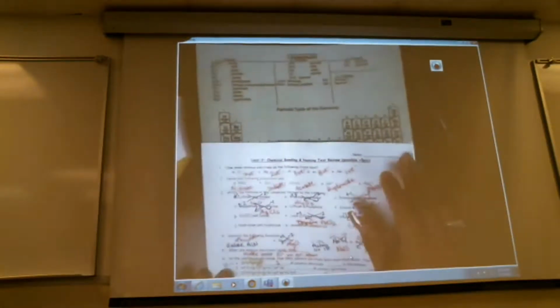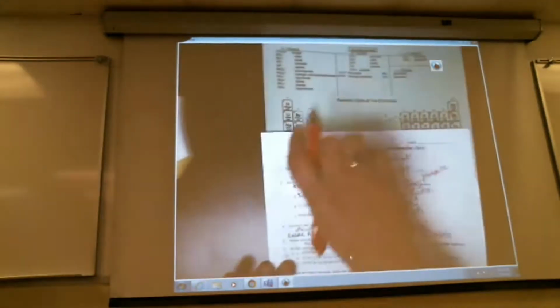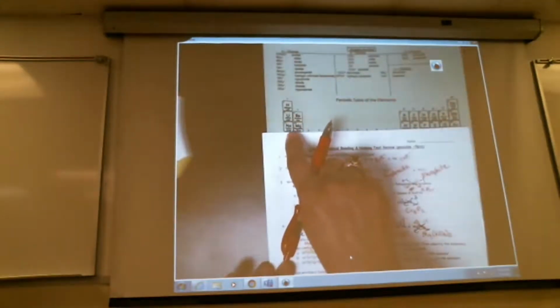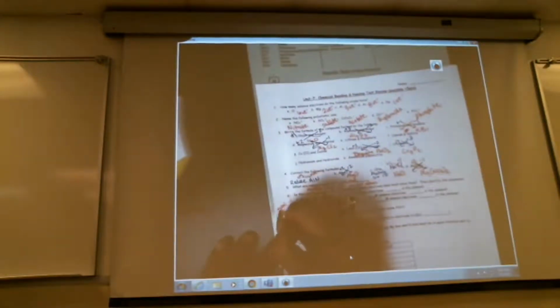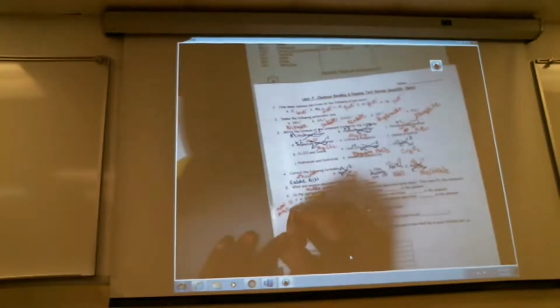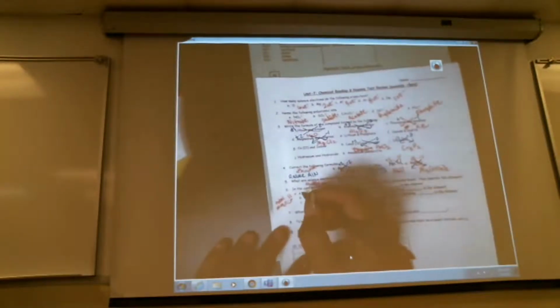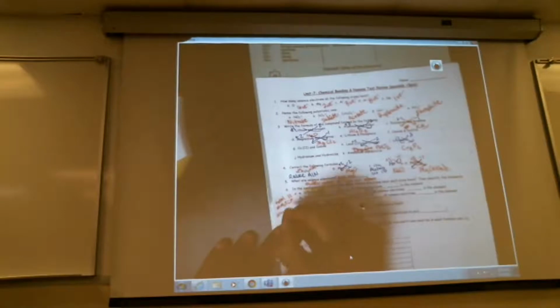So I'm going to come over here. 11 is my magic number. Go to the periodic table, find out who is number 11 in A, sodium. So this means total number of electrons, which is also the atomic number.